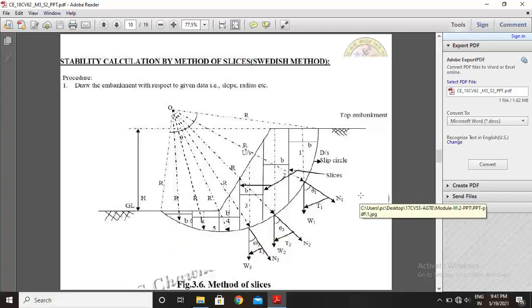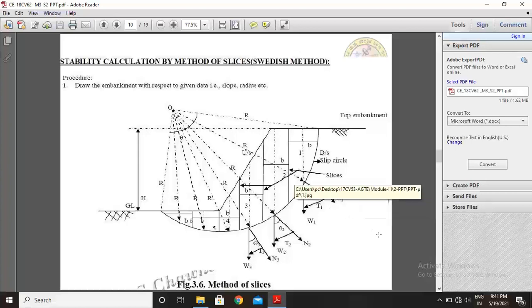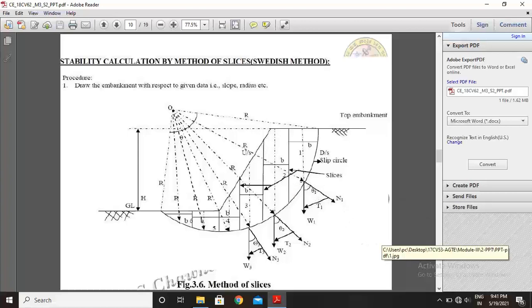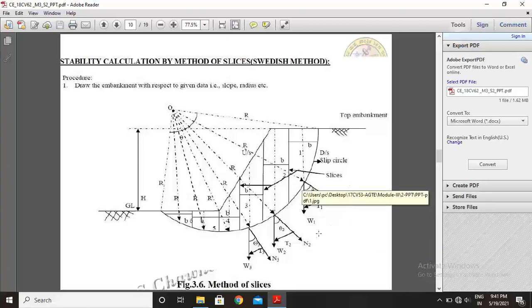Then after locating the normal force and self weight, now you locate the tangential force: this T1 is perpendicular to this, T2 is perpendicular to this.